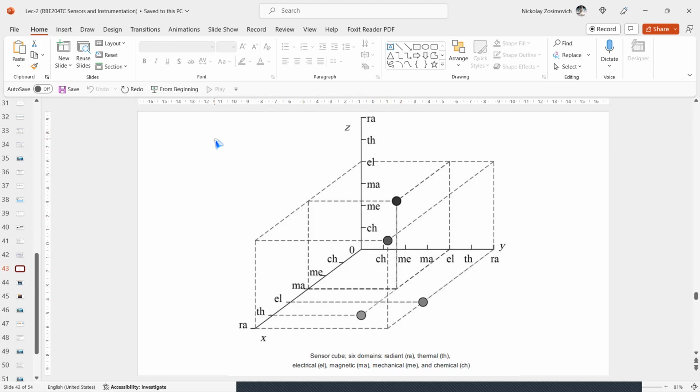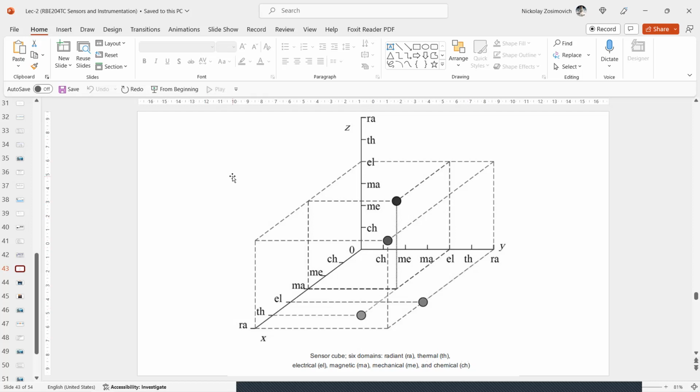With these 3 indices, X, Y, and Z, a transducer can be typified according to the energy domain involved. Let me give you some examples as follows. Direct input transducer: thermocouple. Modulating input: Hall sensor. Direct output transducer: LED. Modulating output transducer: LCD. So these transducers are also visualized in all these figures.